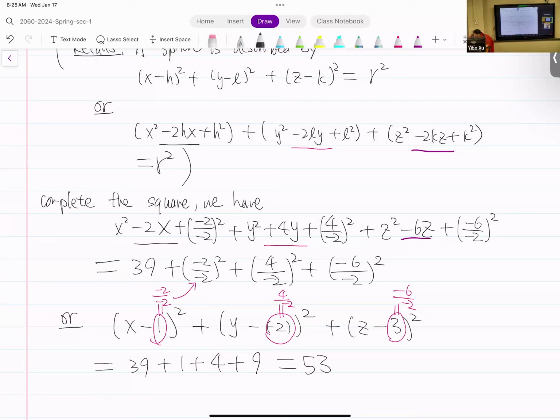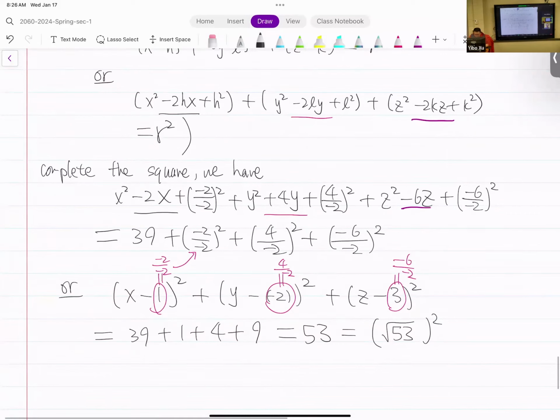And if you want to match, here we have r squared on the right hand side and r is the radius. So in this case, 53 is not really a complete square, but we can just write it as the square root of 53 whole thing squared. So what's within the square is actually that radius, right?